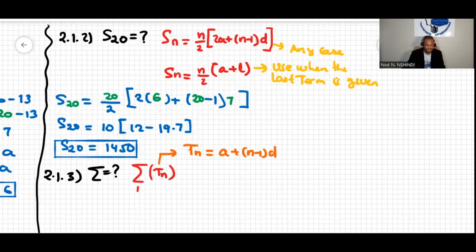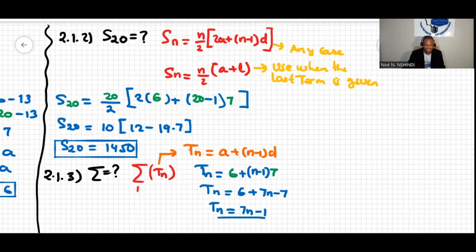We do know A, the first value, which was calculated as 6, and the constant difference was found to be 7. So we have 6 plus n minus 1 times 7. So Tn will be equal to 6 plus 7n minus 7, and Tn equal to 7n minus 1. So this is Tn.